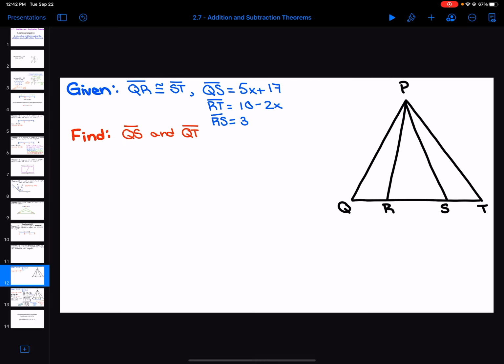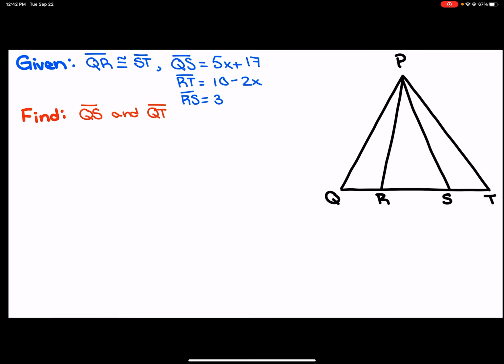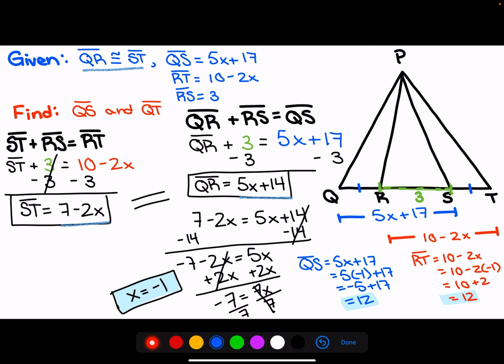That's what this length was, 5x plus 17. And I just lost it again, so let me just post it up. So QR plus RS equals QS. QR plus 3 equals 5x plus 17.